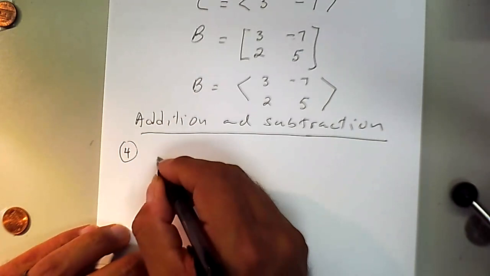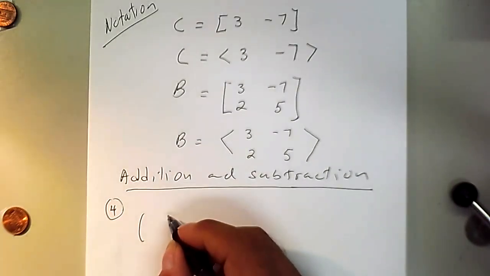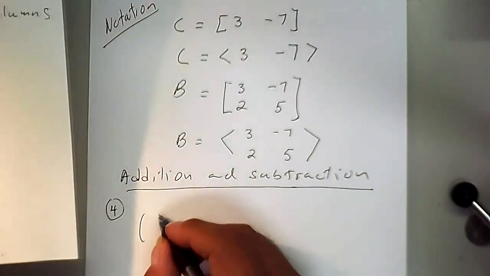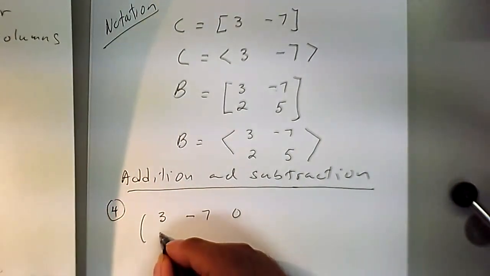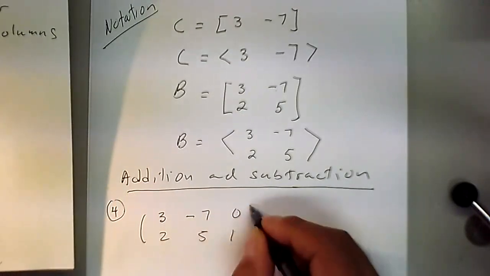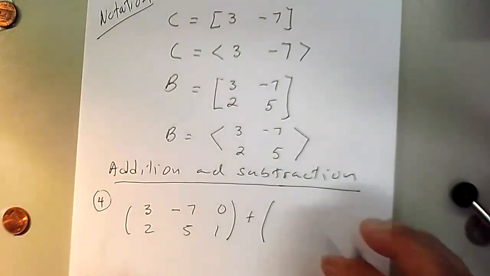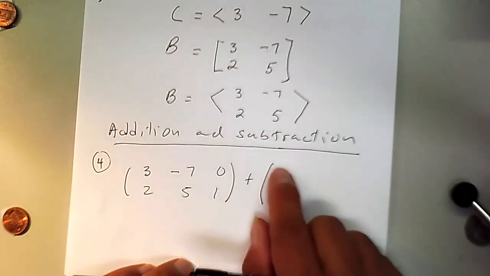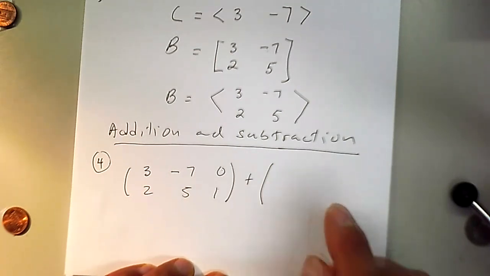So for instance, we can add what was A, 3 -7 0 2 5 1 with another matrix. Now, if we add with another matrix, this matrix has to be a 2 by 3 matrix. It cannot be any other size.